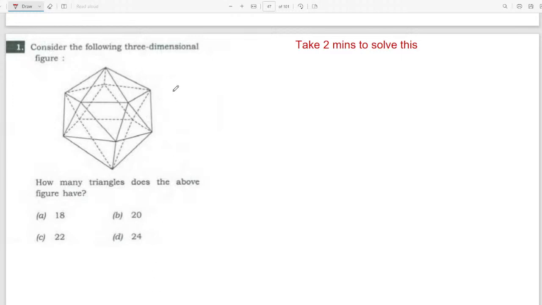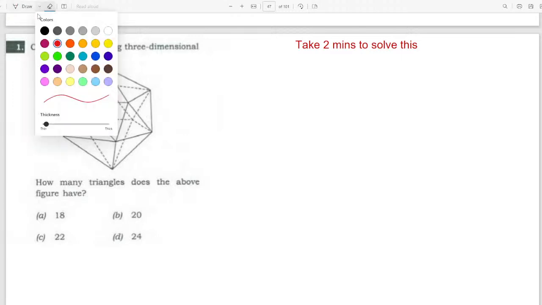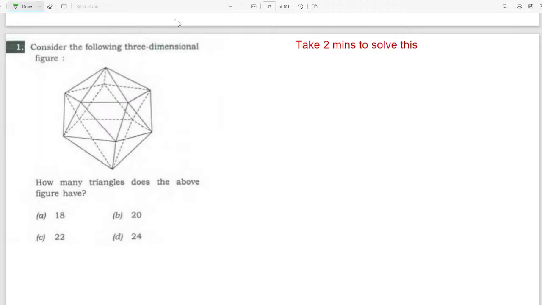So we have to manually, visually calculate it. I'll just change the ink and the thickness also. We'll first calculate the top portion. This is a pentagon. There are 5 sides: 1, 2, 3, 4, 5.